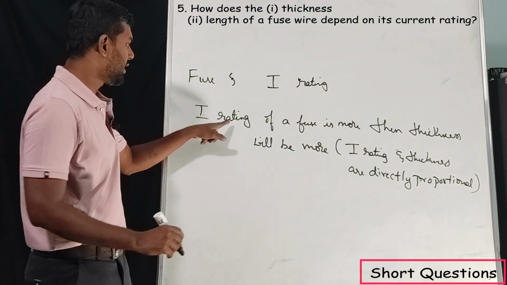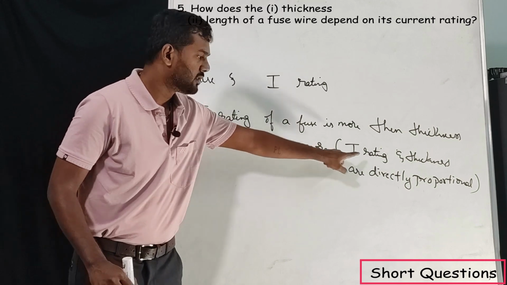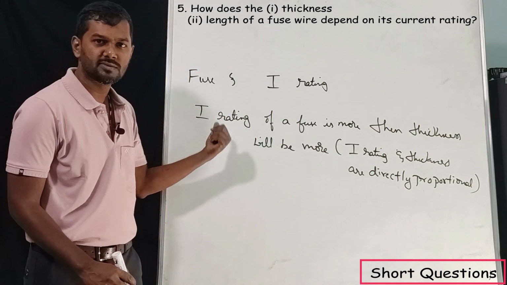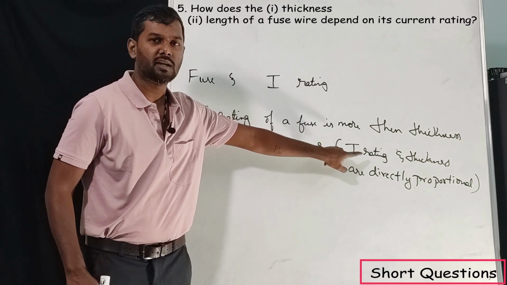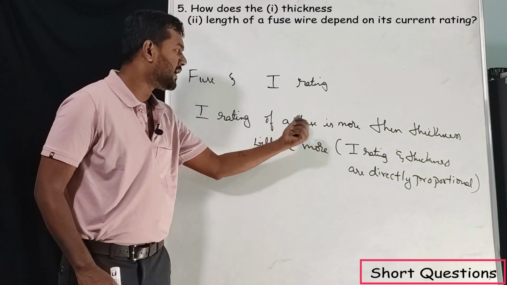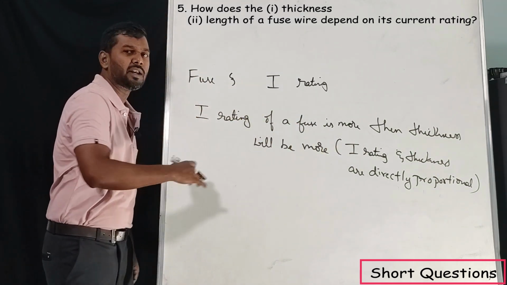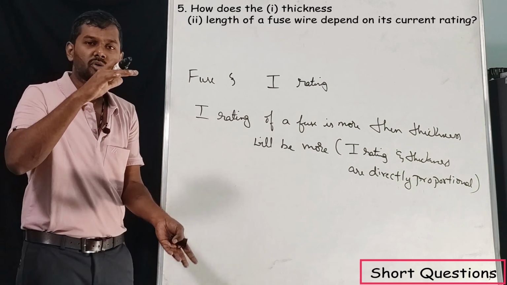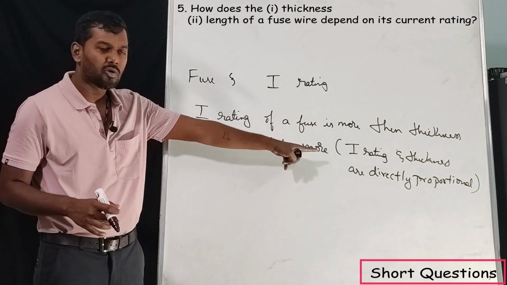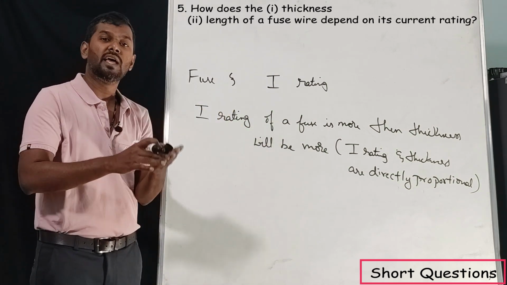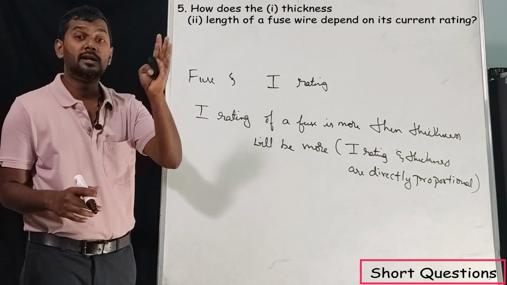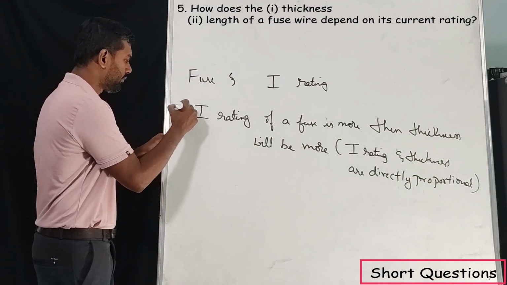See, in the exam you can write this sentence or the sentence in the bracket, anything is fine. This is a technical reason, the expanded form of this reason. If the thickness is more in the fuse wire, that means it has a high current rating. Both are directly proportional.